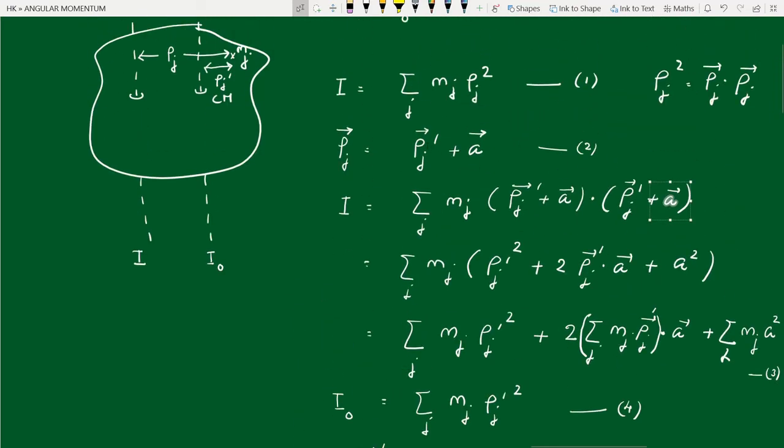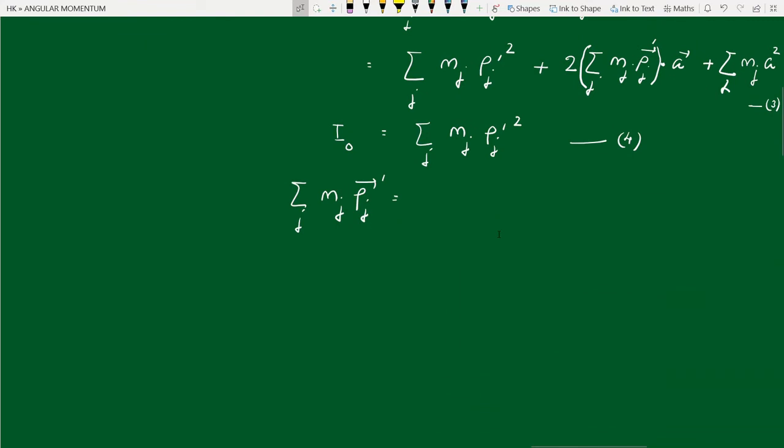Let's come back to equation 2. From this we can write vector rho j prime is equal to vector rho j minus vector a, right? So let us rewrite this as summation over j mj, vector rho j minus vector a. So we have another term here.